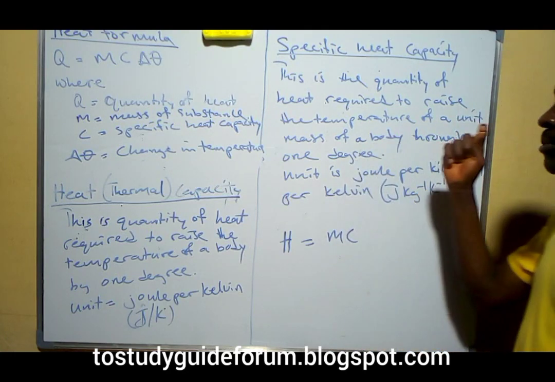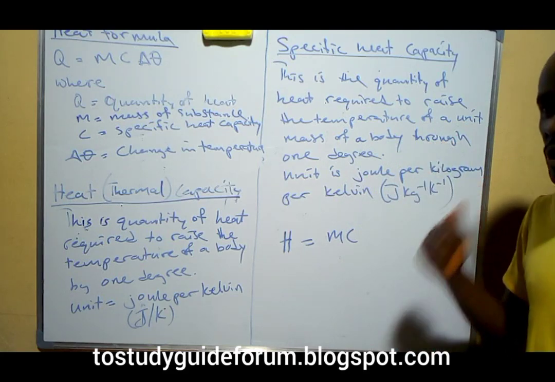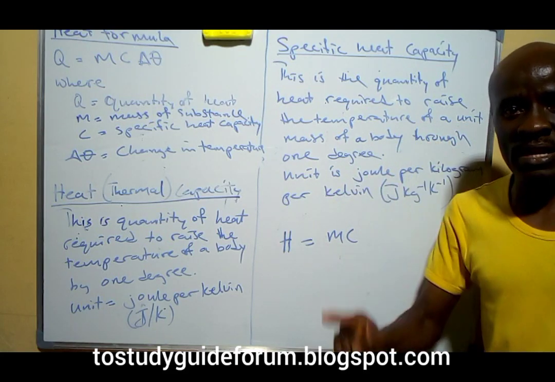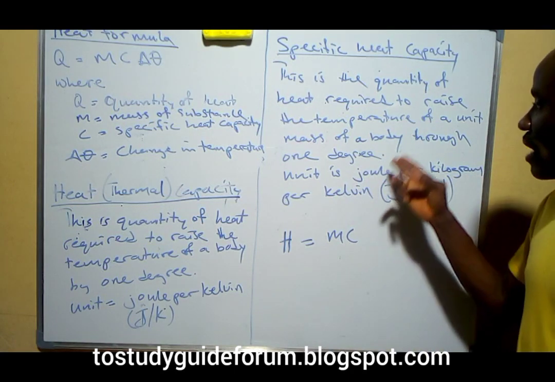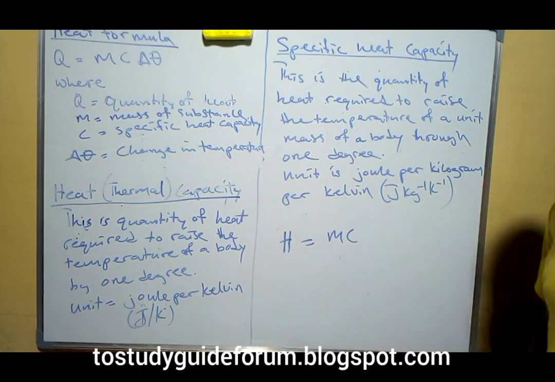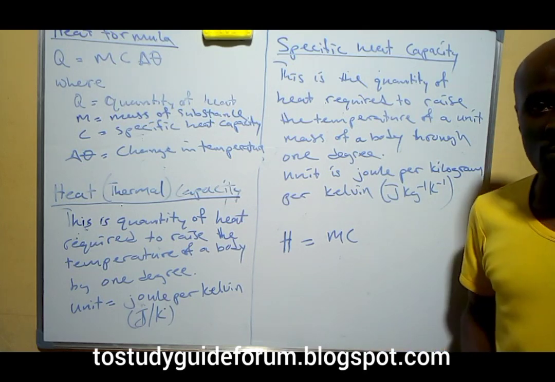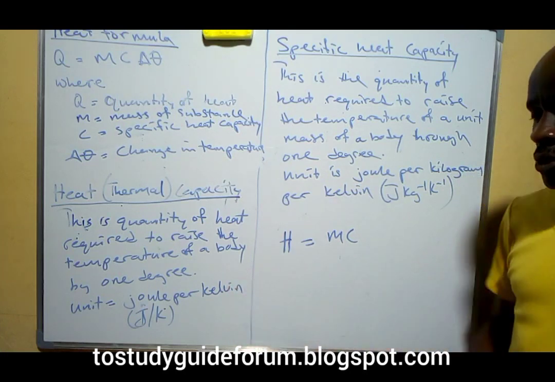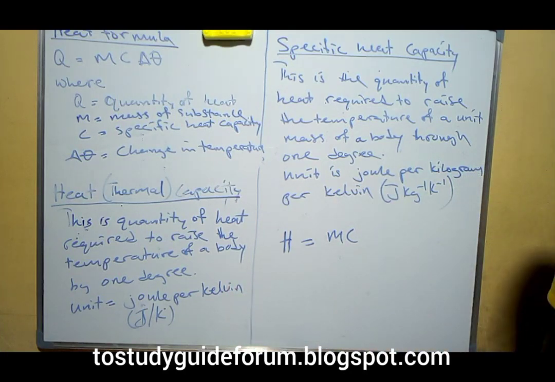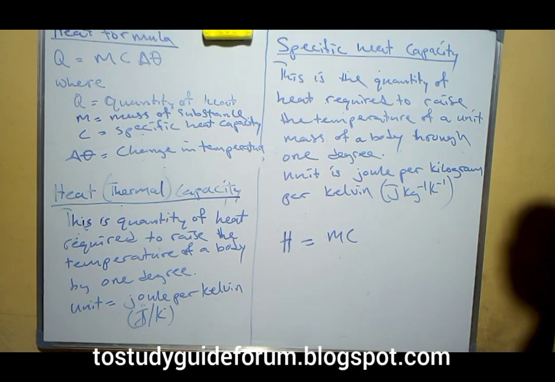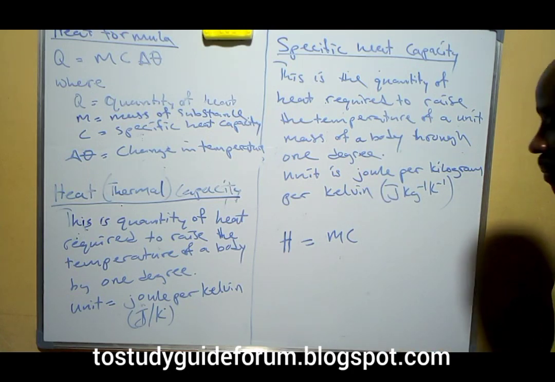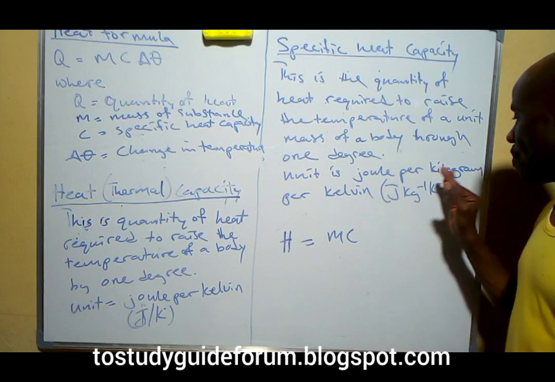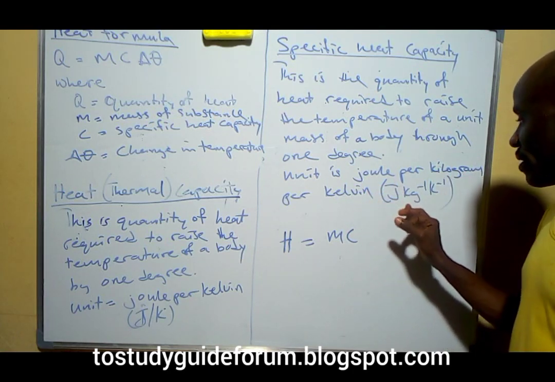But when we talk about specific heat capacity, always know that it has to do with a unit mass of the substance. Also, the SI unit for specific heat capacity is joule per kilogram per Kelvin.